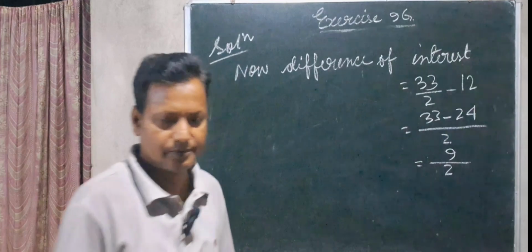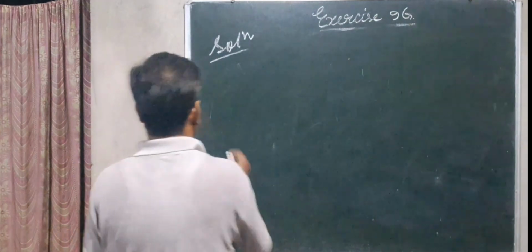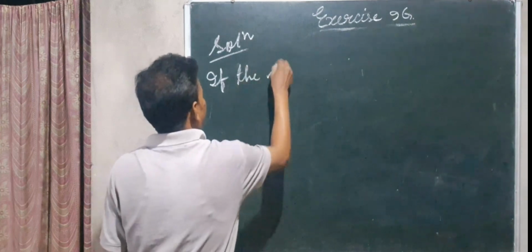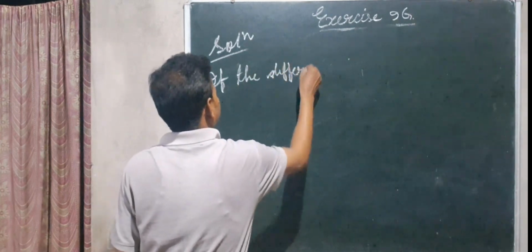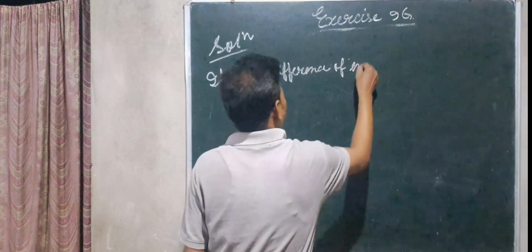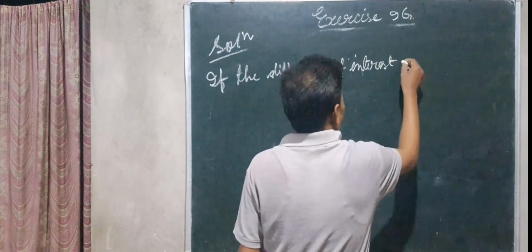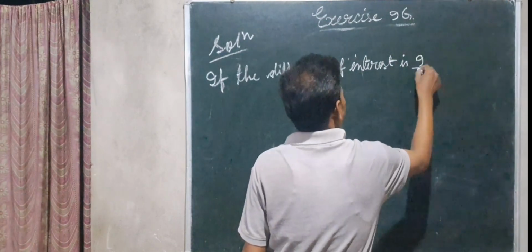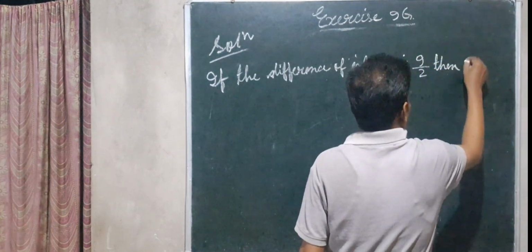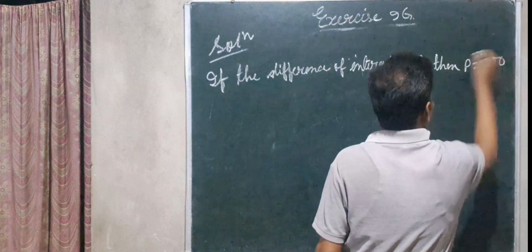Okay, if the difference of interest is 9/2, then P equals 100.